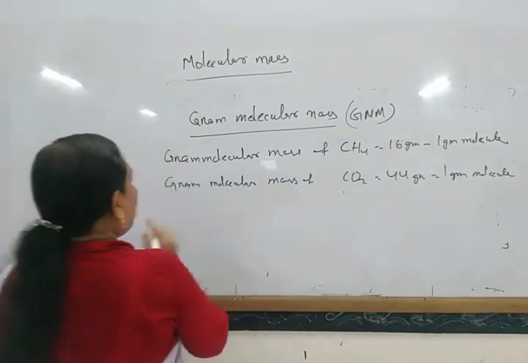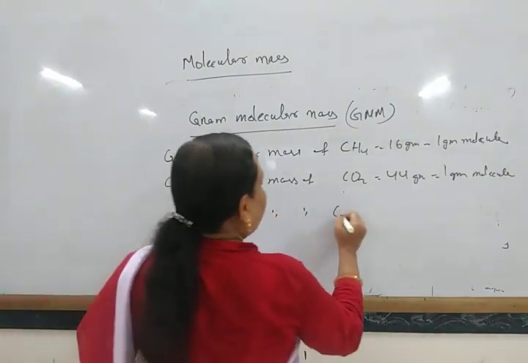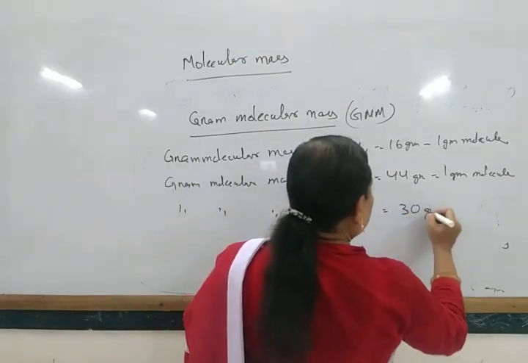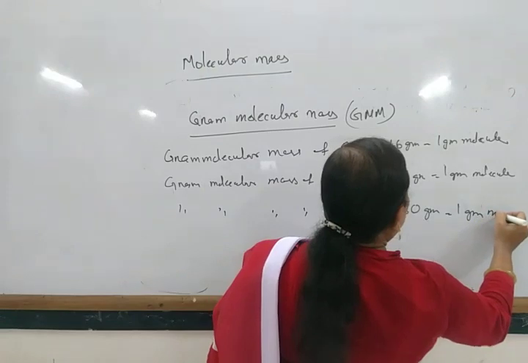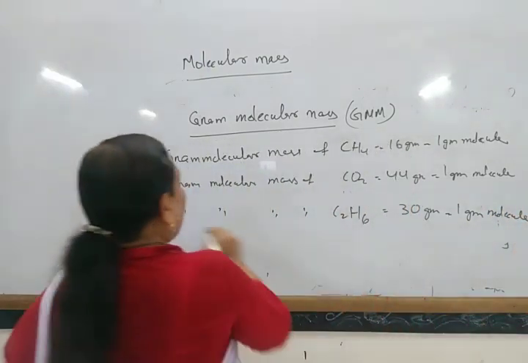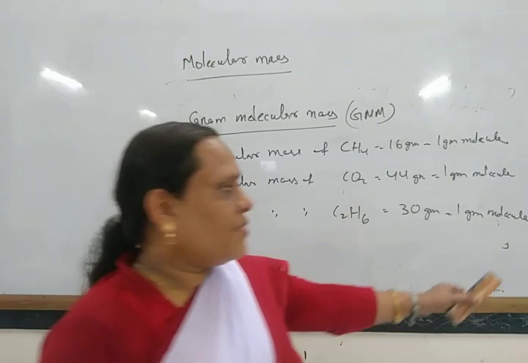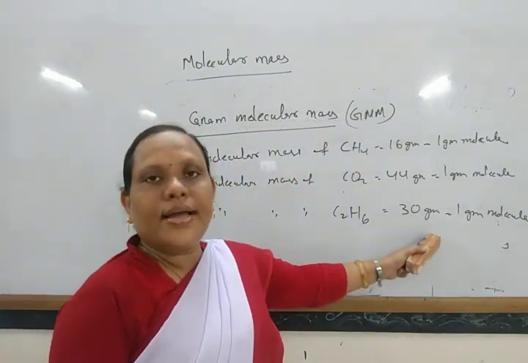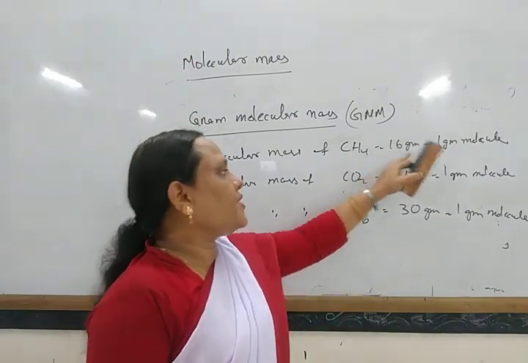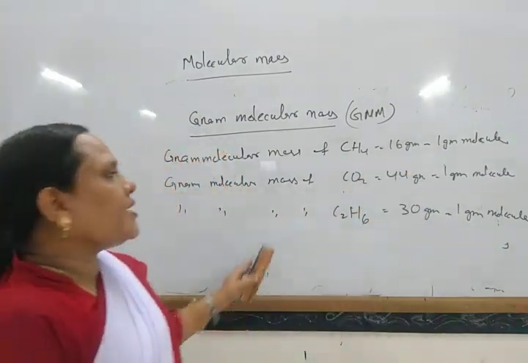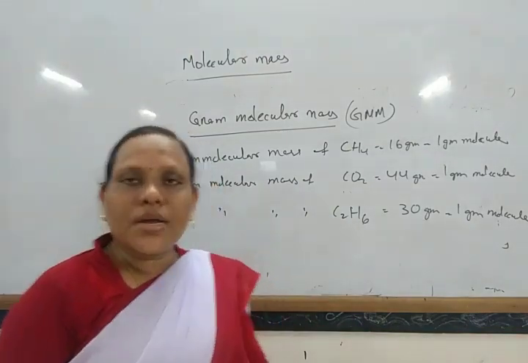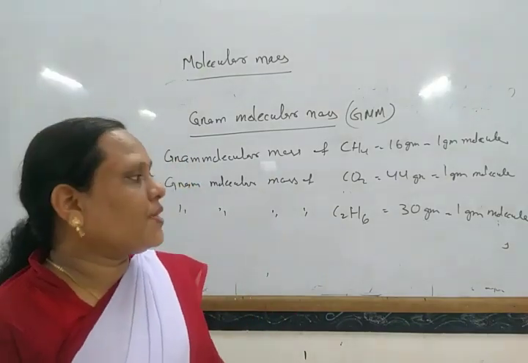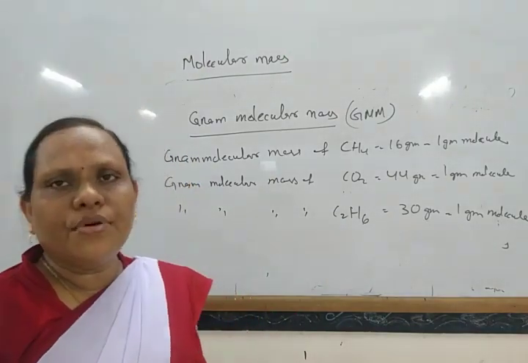Similarly, the gram molecular mass of ethane, C2H6, is 30 gram, equal to 1 gram molecule. So 16 gram, 44 gram, 30 gram are gram molecular masses, also known as 1 gram molecule, and each contains 6.02 into 10 to the power 23 molecules.